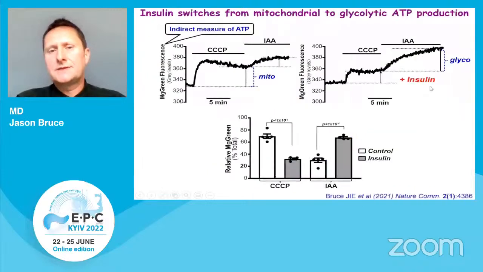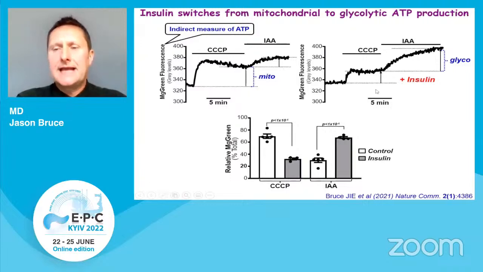And this is further supported if we measure magnesium green. This is an indirect measure of ATP because most ATP within the cell exists as magnesium ATP. So when ATP is depleted, you get an increase in magnesium fluorescence, and therefore, using the same experimental strategy, we can deplete mitochondrial ATP with CCCP and then deplete glycolytic ATP with iodoacetate.